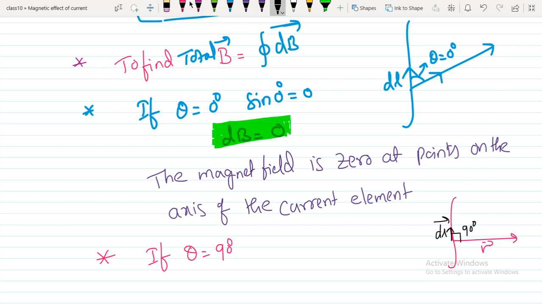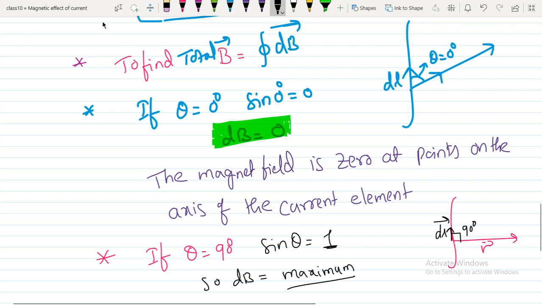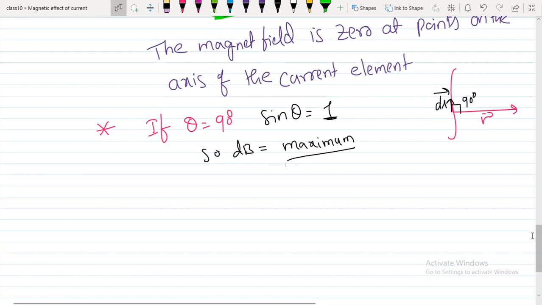If theta equals 90 degrees, then sin theta gives 1. So dB is maximum, since the sin value always oscillates between minimum 0 and maximum 1. So the magnetic field due to the current element is maximum.